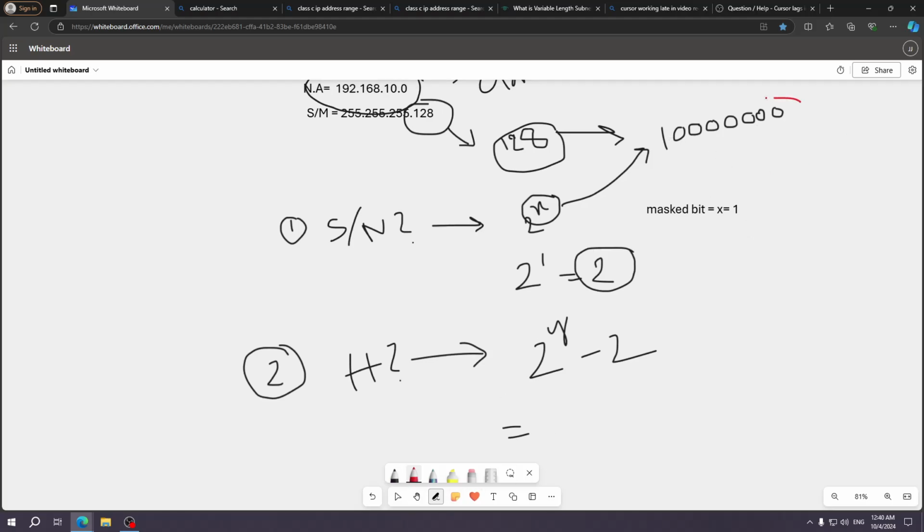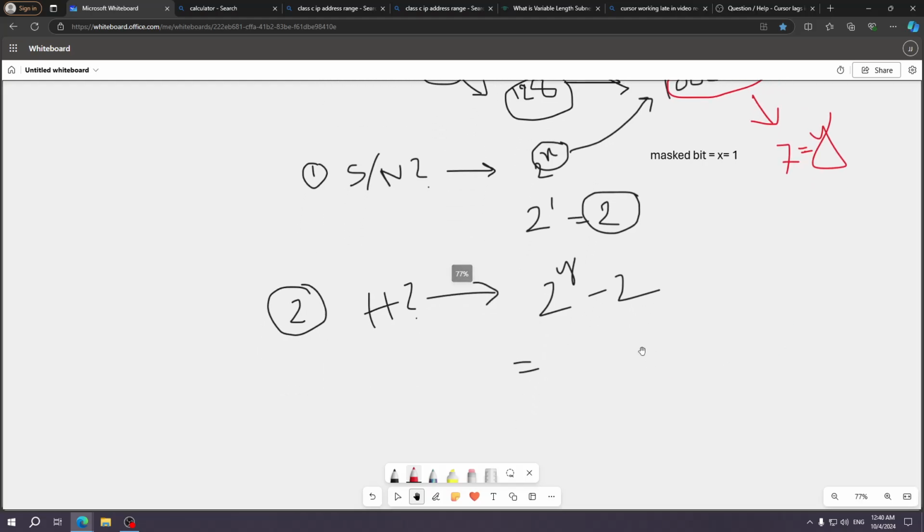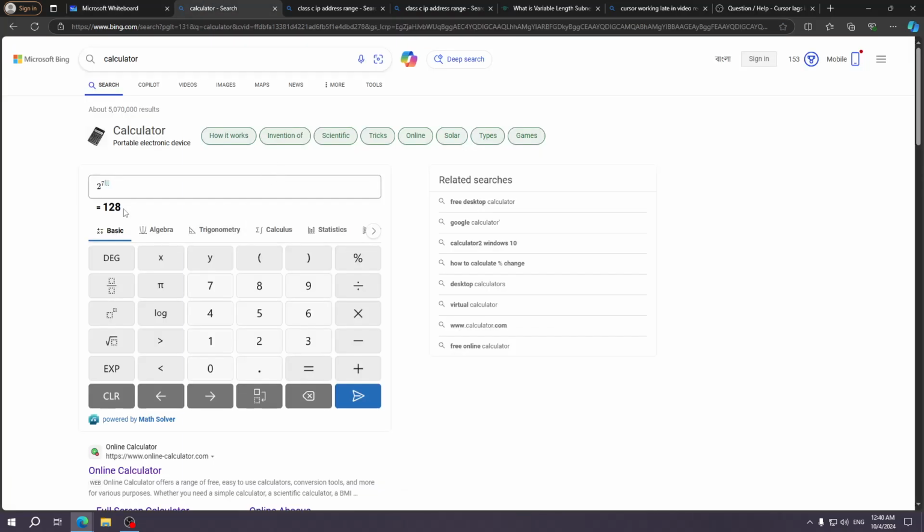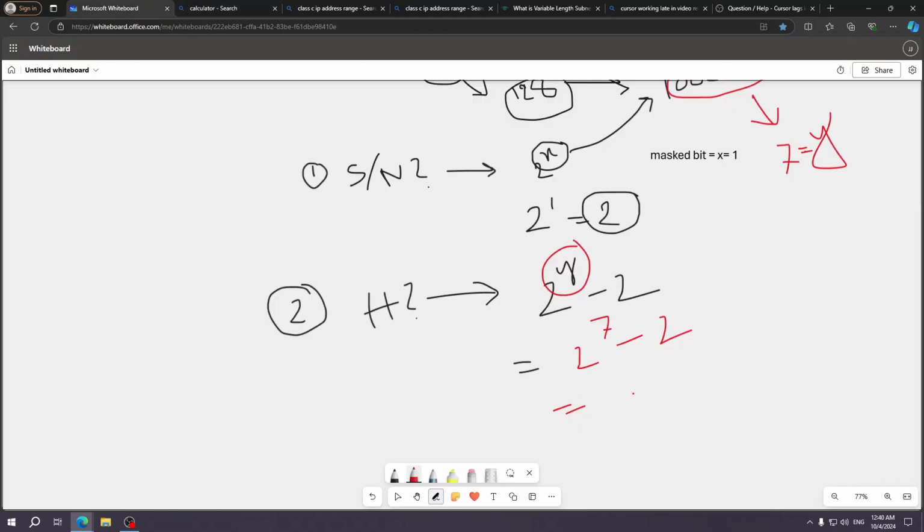The number of zeros is 7, so y equals 7. So 2 to the power 7 minus 2. 2 to the power 7 is 128, so 128 minus 2 is 126. So why 126 hosts? Because there is one address given to the network address and one to the broadcast address.